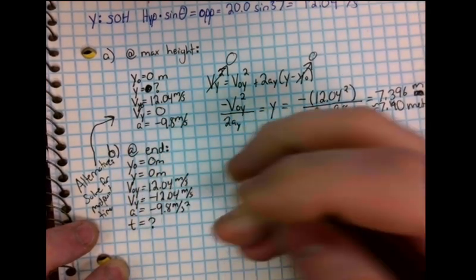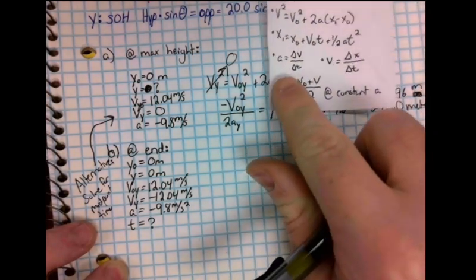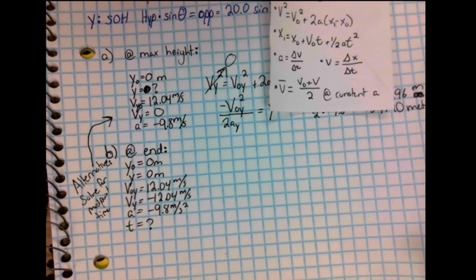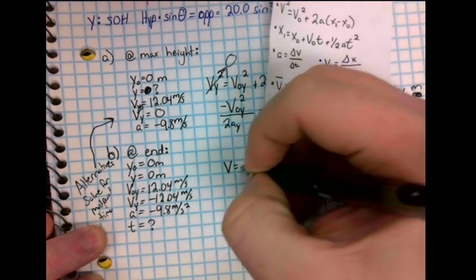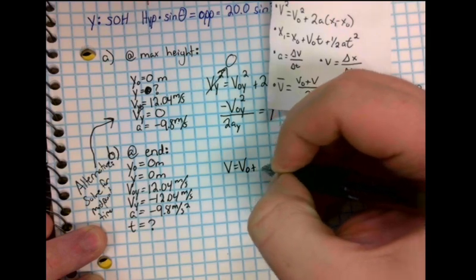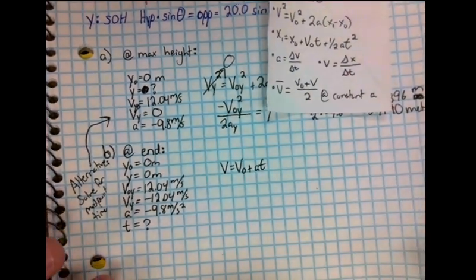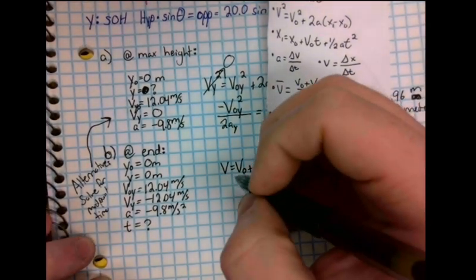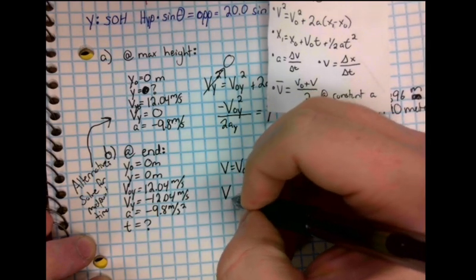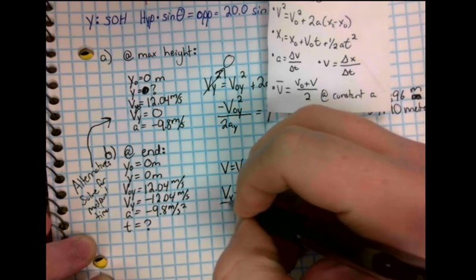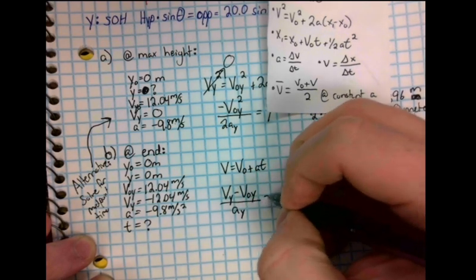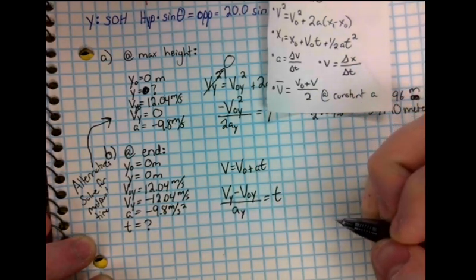So time is our unknown. In this example, we're going to actually end up canceling a whole bunch of stuff, but the easiest one for us to probably use is going to be v equals v naught plus at. We're solving for t, so we'll have vy minus v naught y over ay equals t.